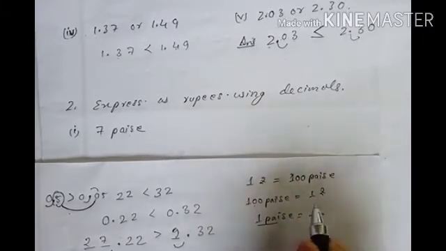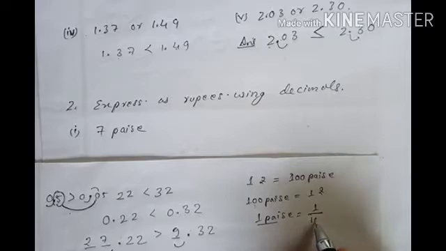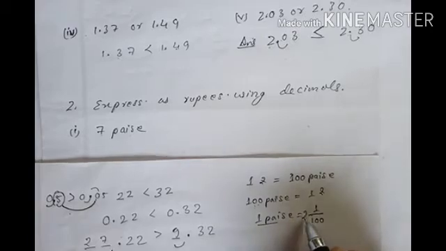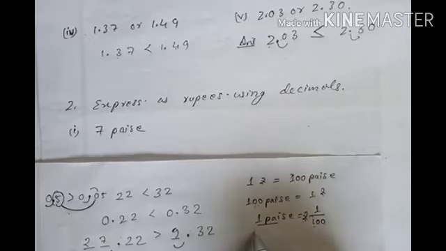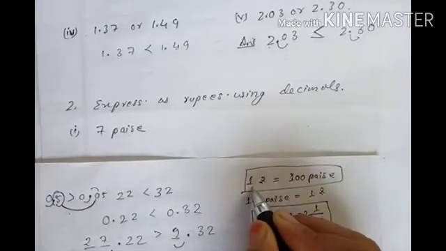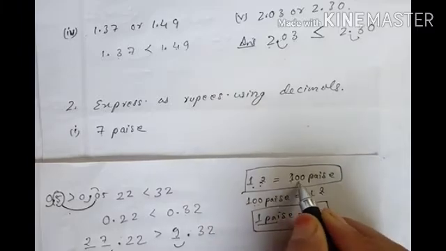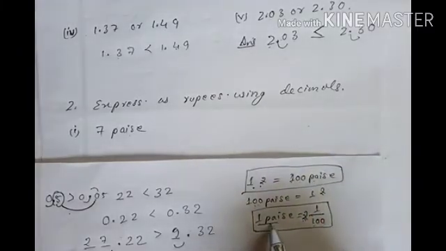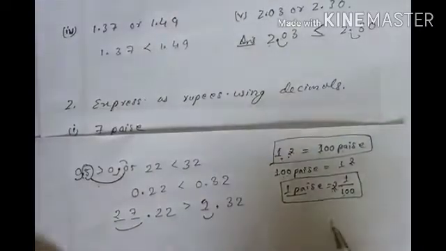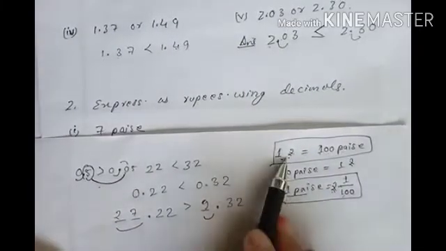If you transfer this to the right hand side, it will become divide. Here it is multiply, there it will become divide. So 1 paisa is equal to 1 upon 100 rupees. 1 rupee is equal to 100 paisa, and 1 paisa is equal to 1 upon 100 rupee. You have to remember this.